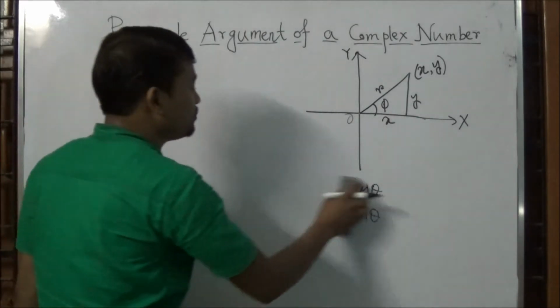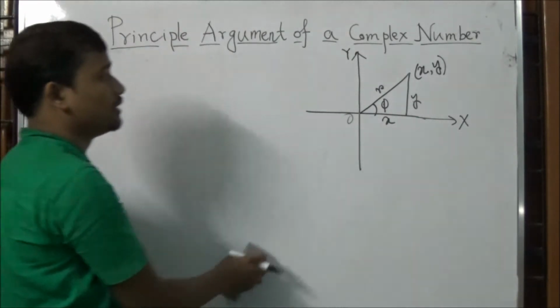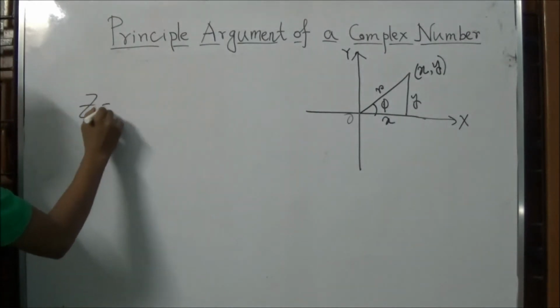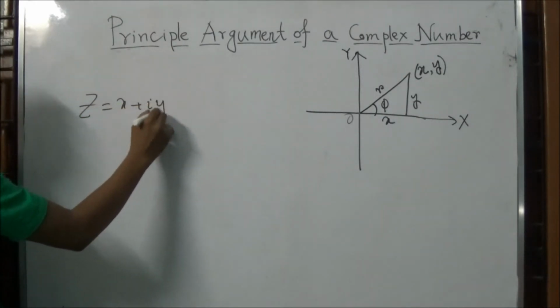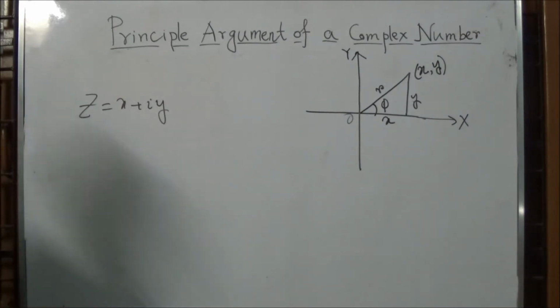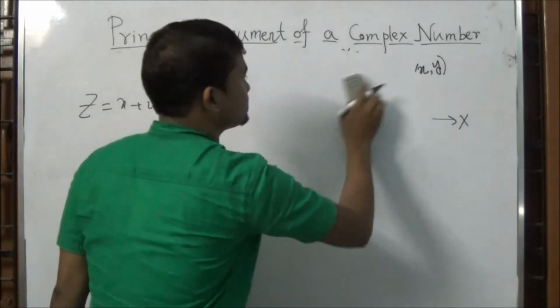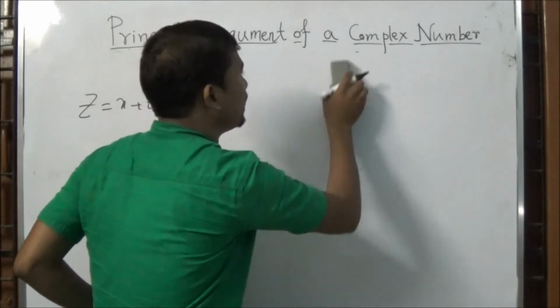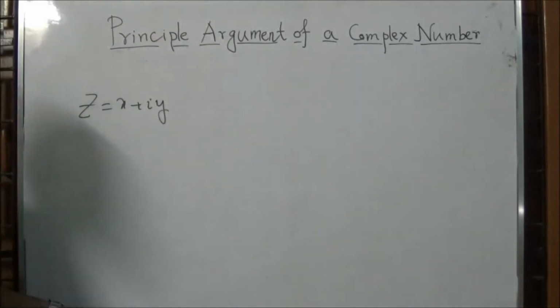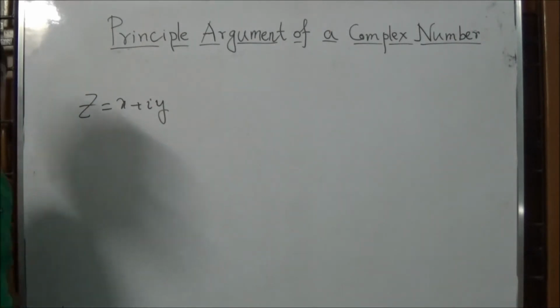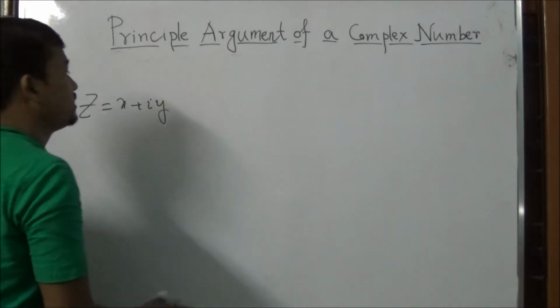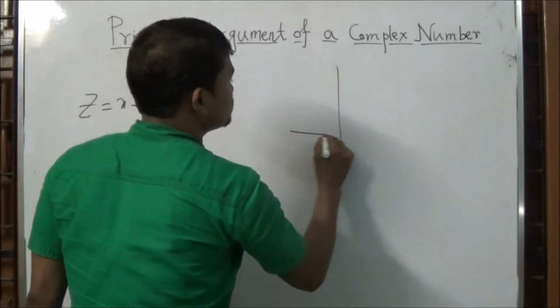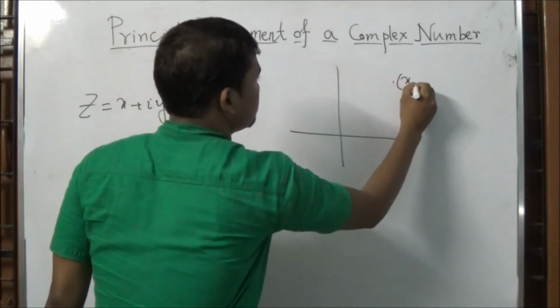Now, how to find the principal argument of a complex number? Let z equal x plus iota y be a complex number and we have to find the principal value of argument z. There arise four cases. The point (x, y) may lie on the first quadrant, the second quadrant, the third quadrant, or the fourth quadrant. Firstly, let z lie on the first quadrant and this is z.